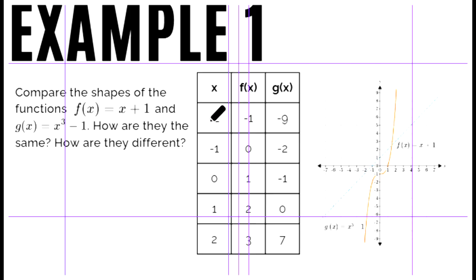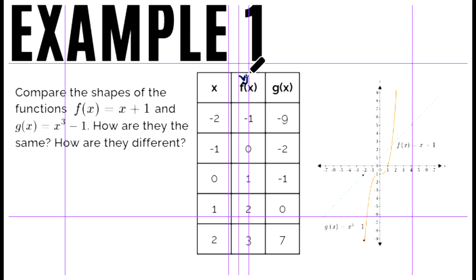Okay, you can see I have the right information there. You go through and get all of your points. Then you'd graph these points. So negative 2, negative 1 is 1 point on this blue line. And negative 2, negative 9 is a point on the orange line because we're dealing with 2 different functions.